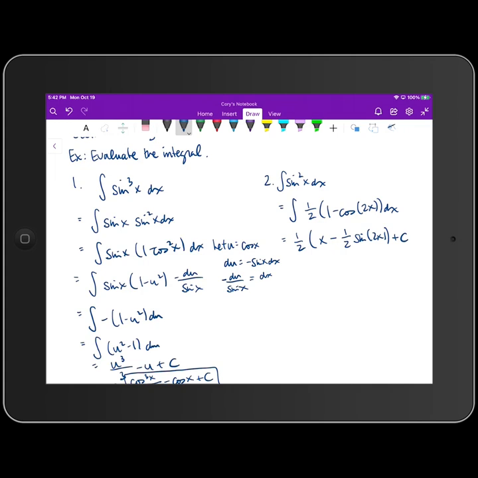And then the last thing I'm going to do is distribute 1/2 across both of those terms. So that becomes x over 2 minus 1/4 times the sine of 2x plus our constant c. Okay, so there we are using our power reducing formula to rewrite the sine squared function and put it into a form where we can integrate.